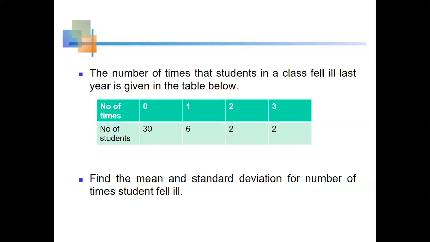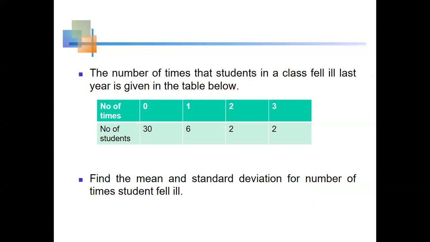So another one. The number of times that students in a class fell ill last year is given in the table below. So 0, 1, 2, 3. Okay, this one I want you to try and do. We will discuss in our class later on.